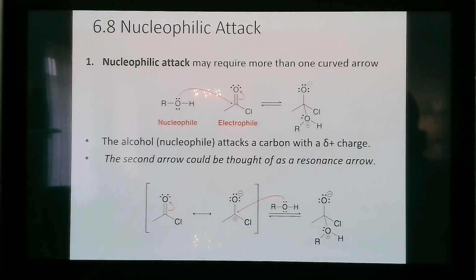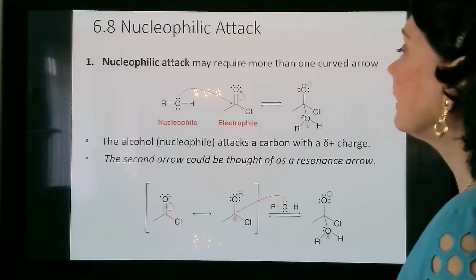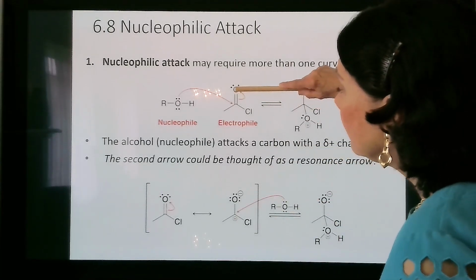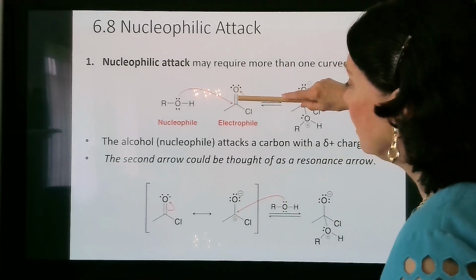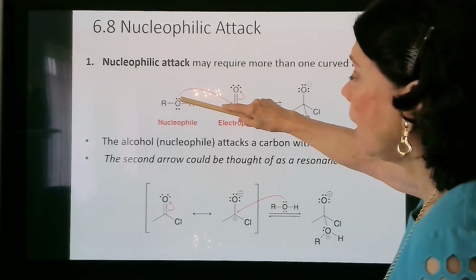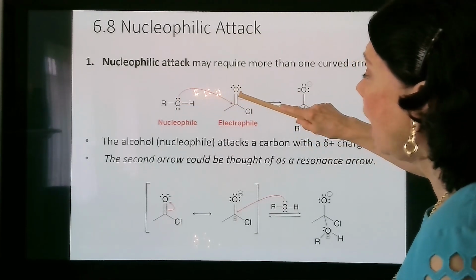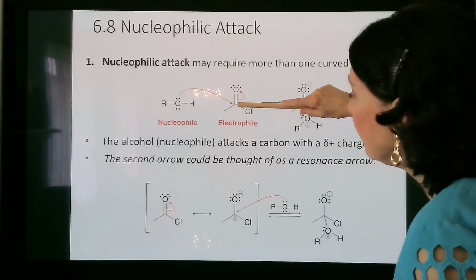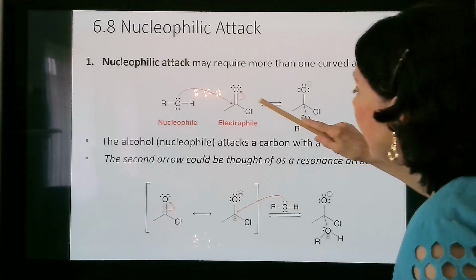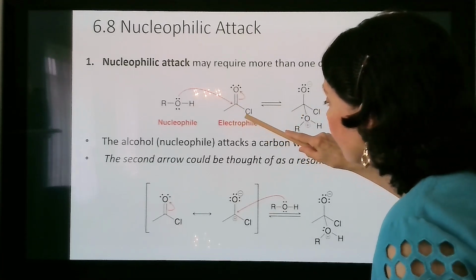Now, nucleophilic attack can require more than one curved arrow. So here, what you're doing is the pair of electrons on oxygen, the non-bonding pair, needs to occupy the antibonding orbital of the bond that's being broken. The bond that's being broken is the pi bond, and the antibonding orbital is down here.